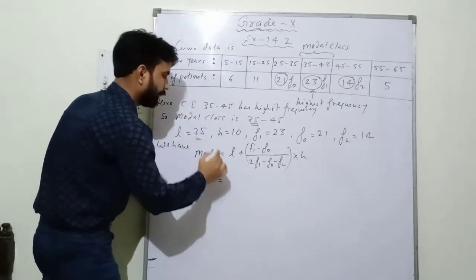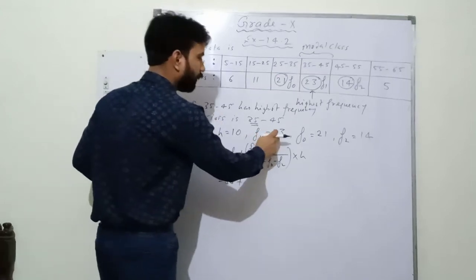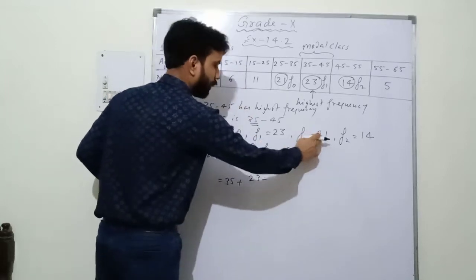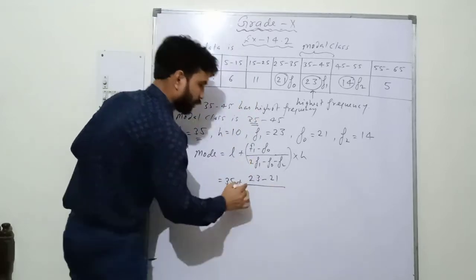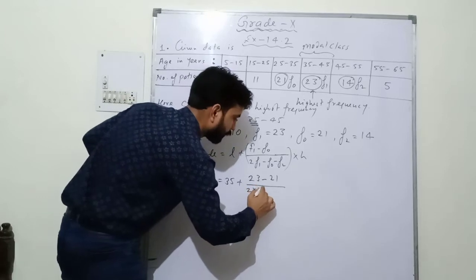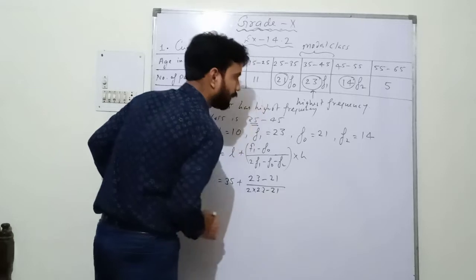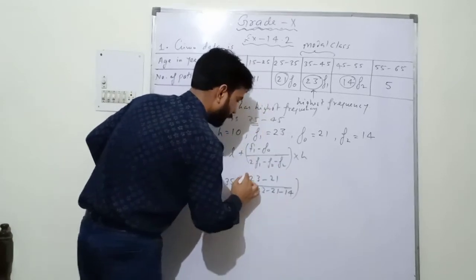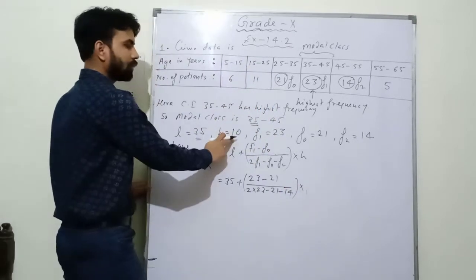L is 35, plus F1 is 23, minus F0 is 21, upon 2F1. So 2 into F1 is 23, minus F0 is 21, minus F2 is 14, into H. H is how much? H is 10.